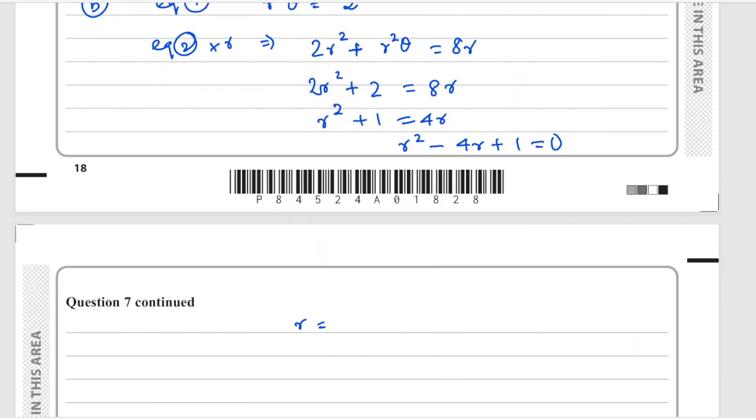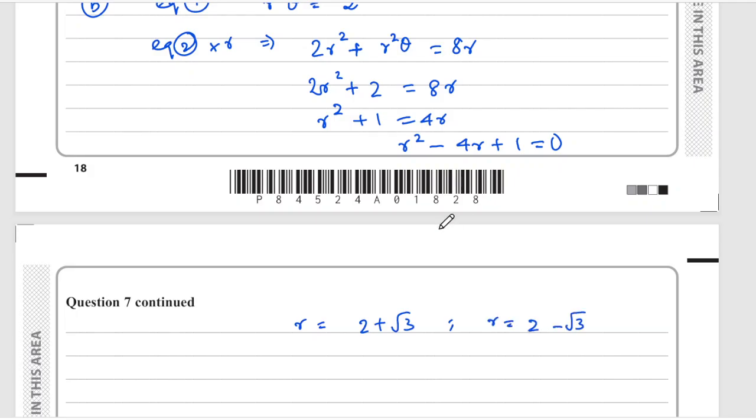So let me use my calculator here. You can write down the steps and use the calculator for solving the equation. So when I solve it, I'll get the two values of r as 2 plus root 3 and 2 minus root 3.